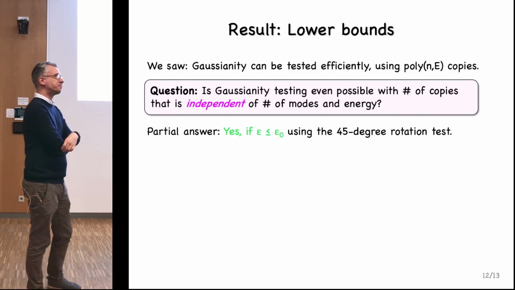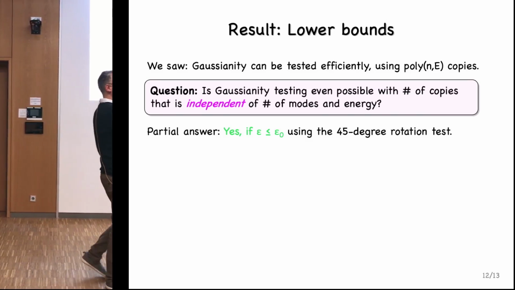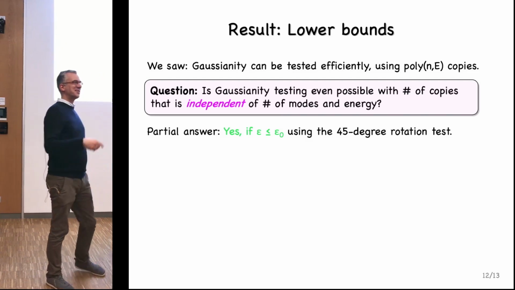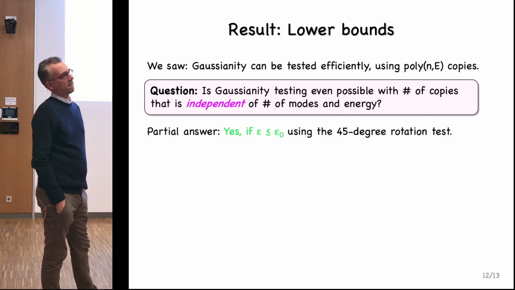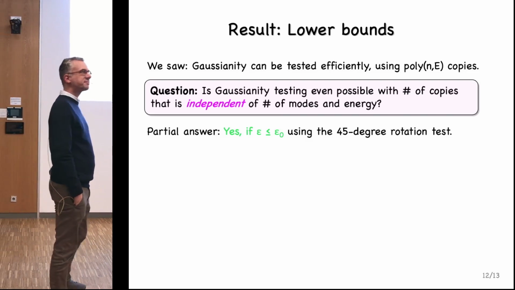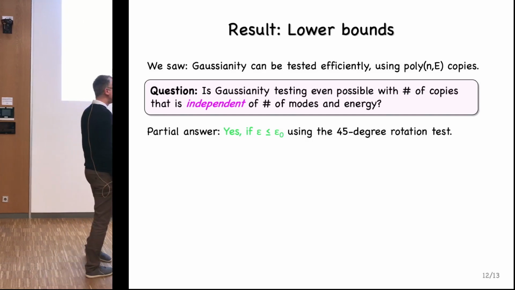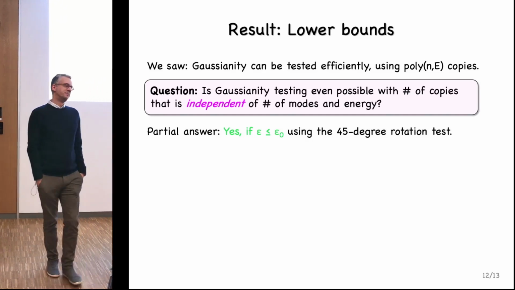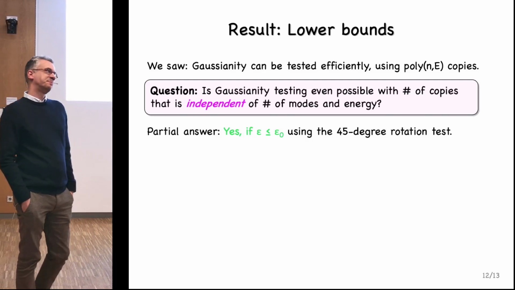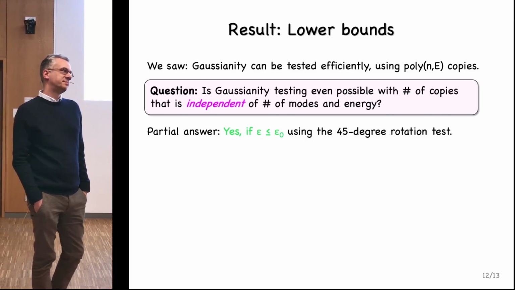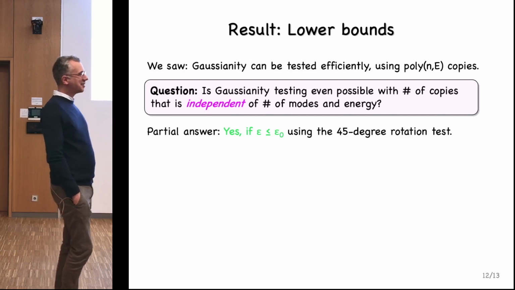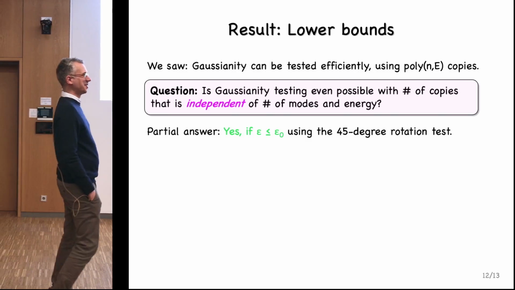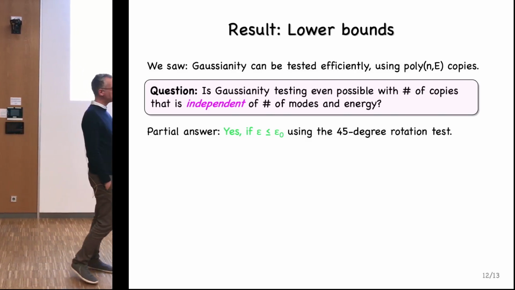But I don't know, I don't wager it. It's a slightly different problem. If you're promised that you're Gaussian, and you want to learn a Gaussian, you can do that in a basically energy independent way with a log E dependence. So that works. It's not quite the same problem, but almost. I don't dare making a prediction.